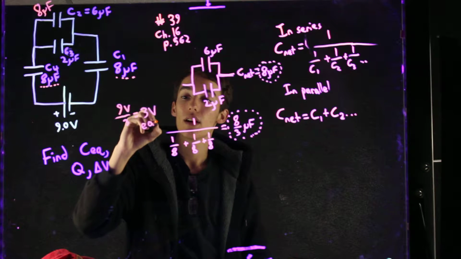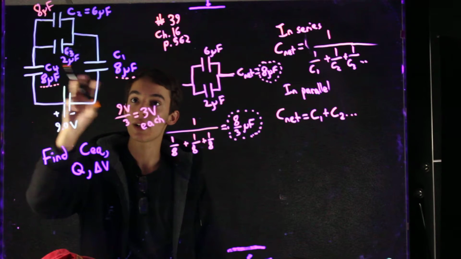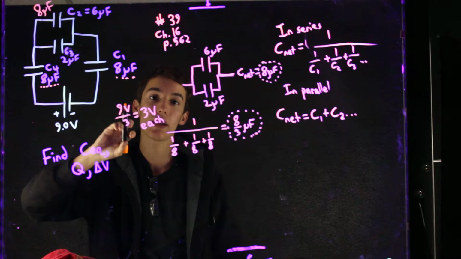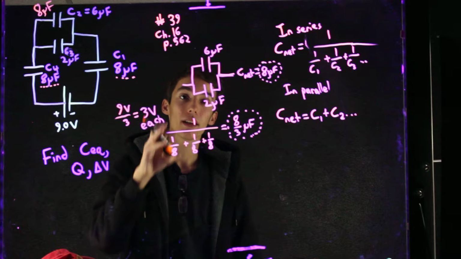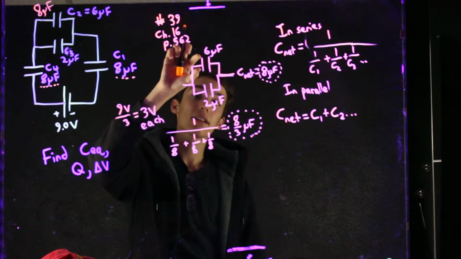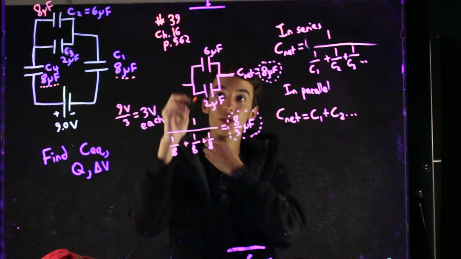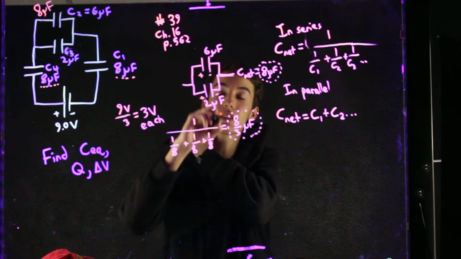And that gives us 3 volts here, 3 volts here, and 3 volts total for this branch of 2 parallel capacitors. The rule that we are going to use to solve that is that on parallel capacitors, the voltage across each capacitor, the potential difference from, say, this plus to that minus and this plus to that minus, they're the same.